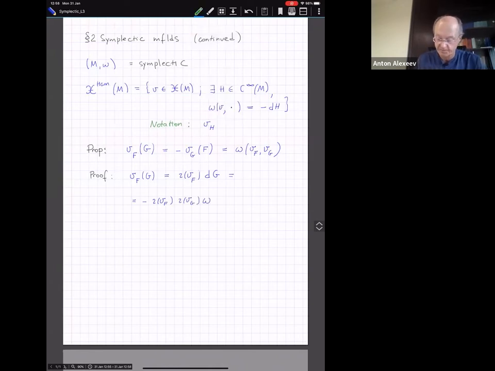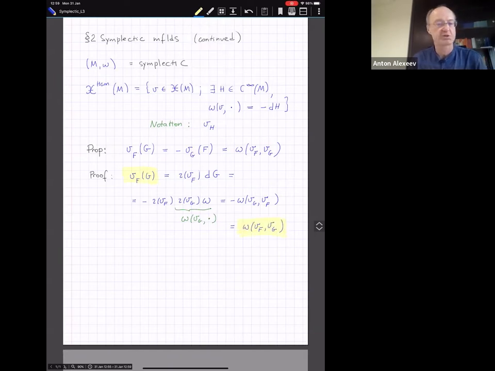That's because this gadget is simply equal to omega of V_g, dot, right? And now this is the same as minus omega of V_g, V_f. And this is the same as plus omega of V_f, V_g. So I proved that this guy is equal to that guy.